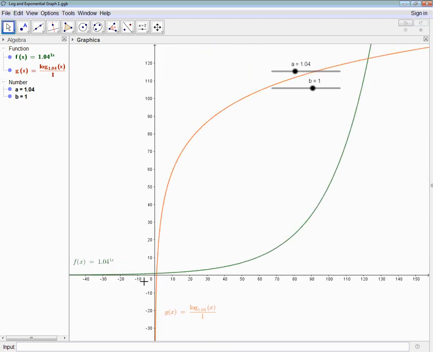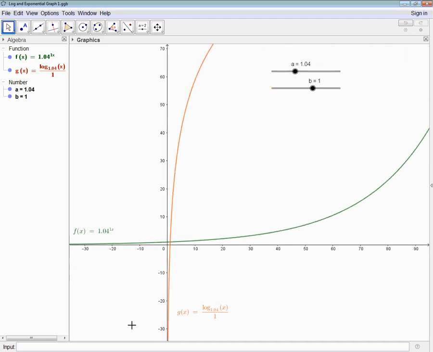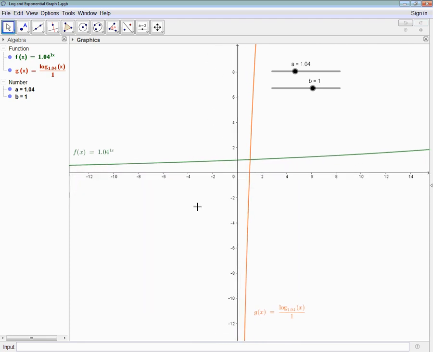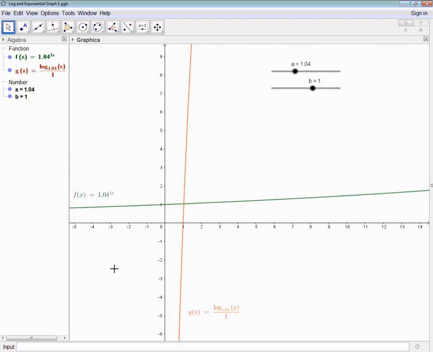See? I have to go out really far to begin to see that same ski slope kind of thing going on. But at small numbers, it's very imperceptible. And you've seen that as well whenever you played with your calculators.